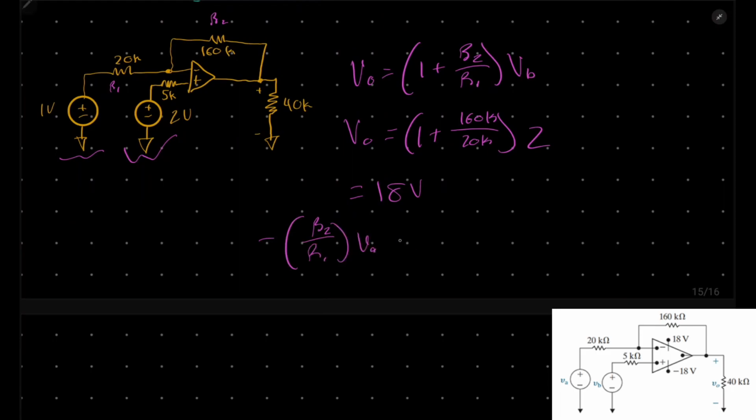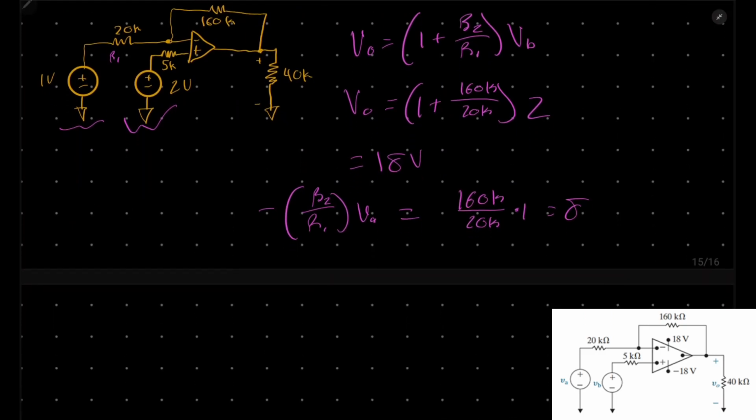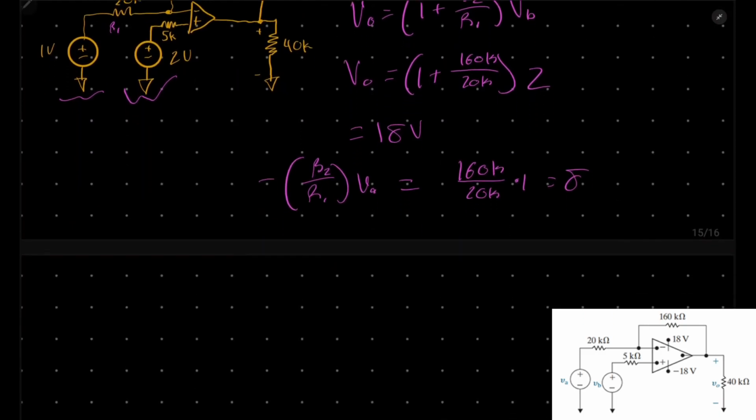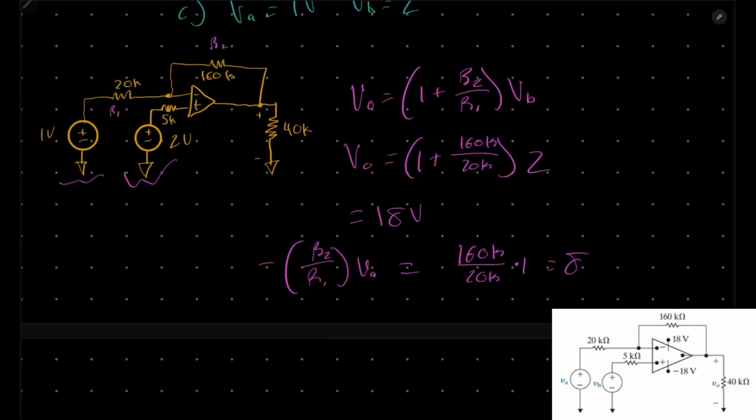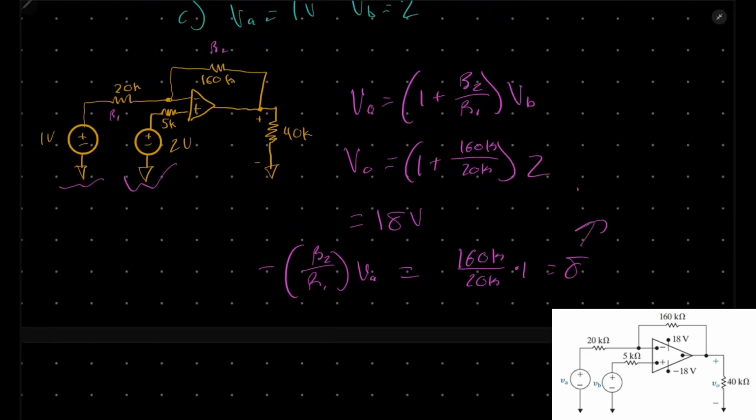So when we plug in our variables times 1, we get 8. And now we will do our 18 minus 8 to get our V out of 10 volts.